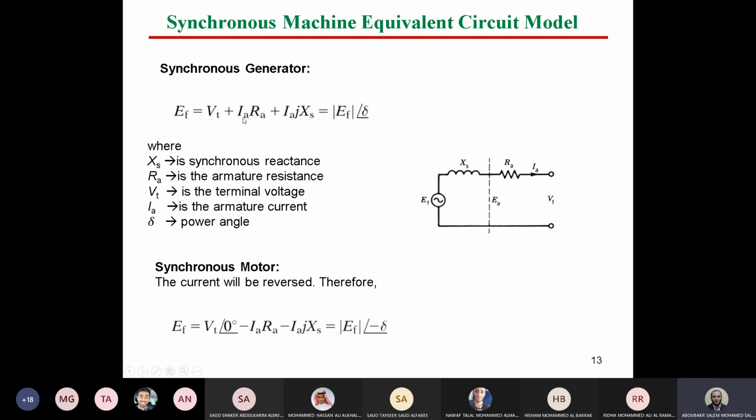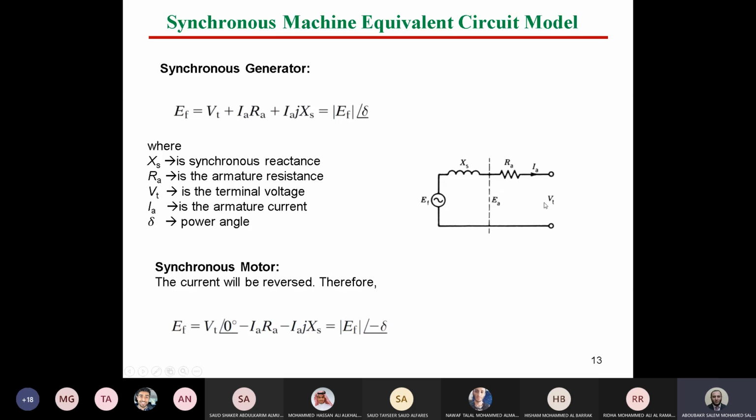Of course, IA is a vector, which means when we represent IA, we have to add magnitude and angle. The magnitude of current is the absolute value of current in ampere, RMS value, and the angle is the power factor angle, which is the angle between the armature current and terminal voltage.